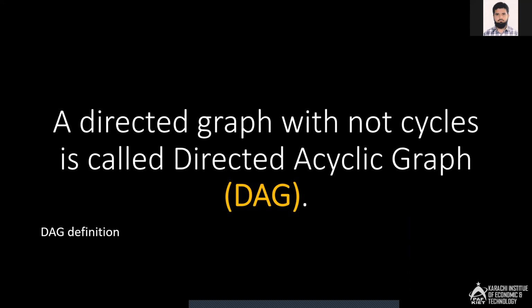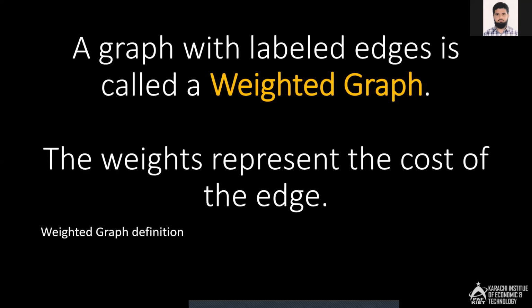So here's another new definition, which says a directed graph with no cycles is called a directed acyclic graph, or a DAG for short. And then we have a weighted graph. A graph with labeled edges is called a weighted graph. The weight represents the cost of an edge.